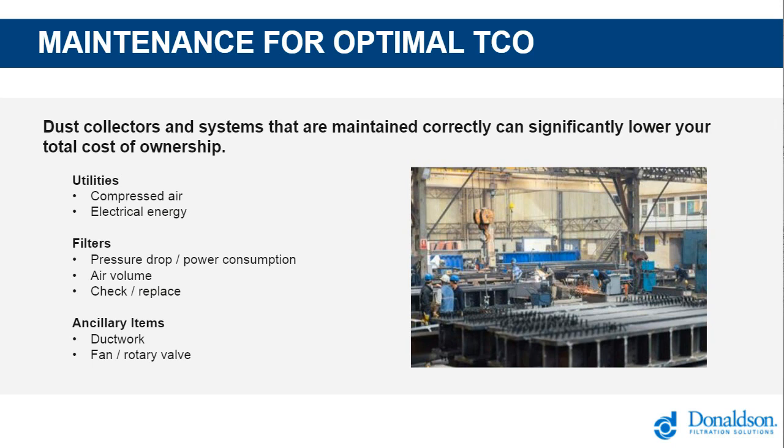And then the filters themselves, measuring that pressure drop and understanding the trends of operation. Over time, by measuring all of this, you will get a predetermined knowledge of how filters are performing and when they become required to be changed out.